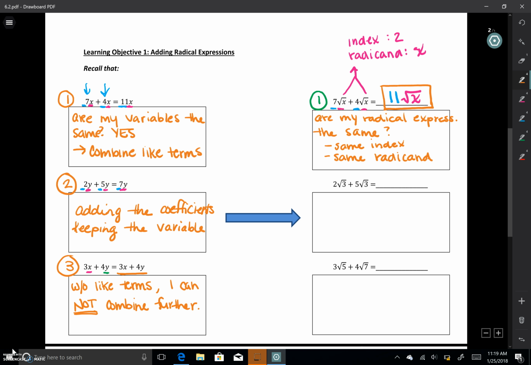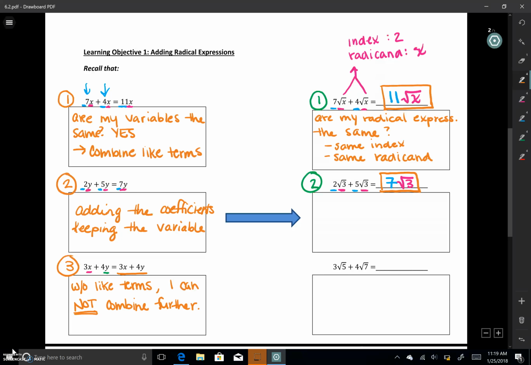Now, in the second example here, I have 2 root 3 plus 5 root 3. If I ask myself, do I have the same radical expressions? My answer is yes. In both cases, I'm dealing with the square root of 3, square root of 3. So my index is the same and my radicand is the same. So I'm going to go ahead and handle this the same way as example 1 and just add my coefficients together. 2 plus 5 gives me 7, and I'm going to keep that square root of 3. And that is my final answer, 7 square root of 3.